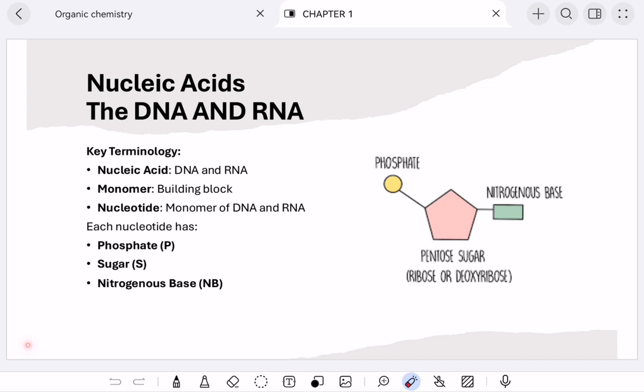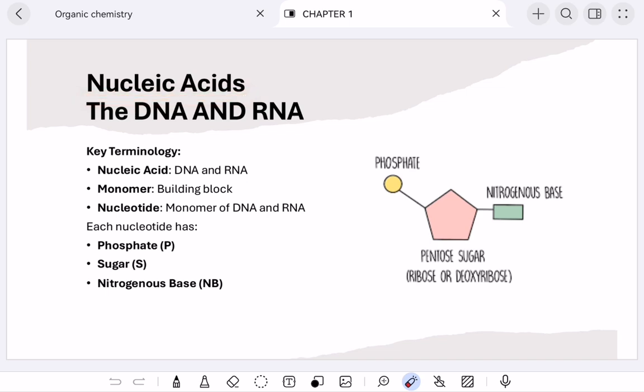So, if you remember, when I was introducing the topic, I said that we'll be focusing on DNA and RNA. Today I'm saying that DNA and RNA are called nucleic acids, right?